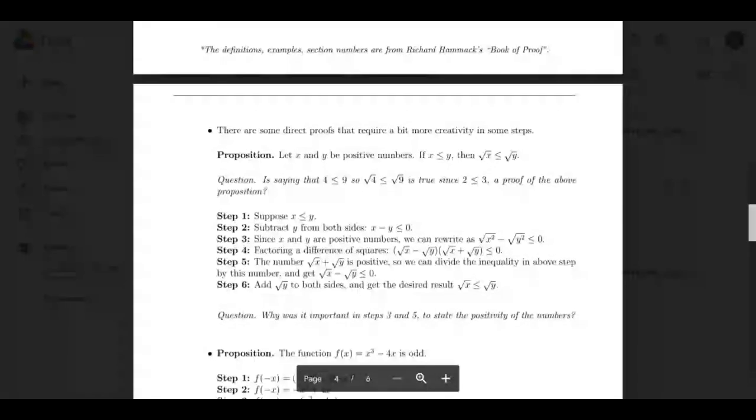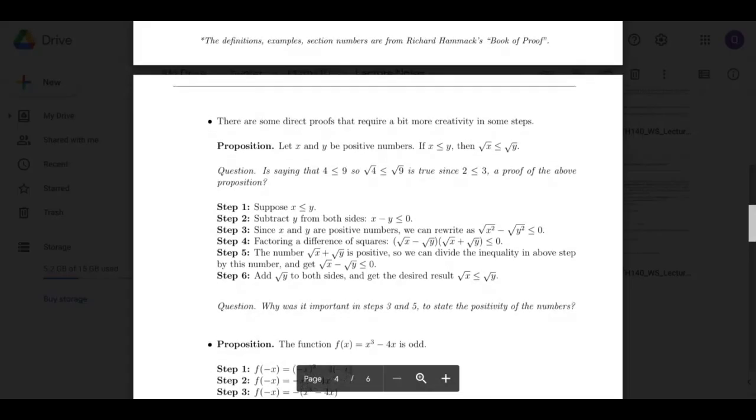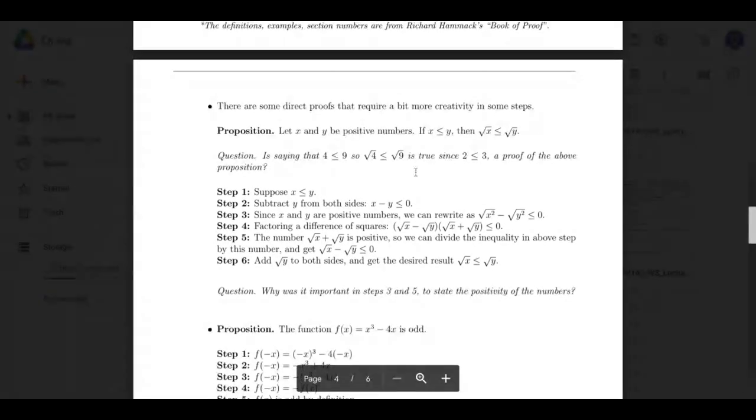Some direct proofs require a little bit more creativity in some steps. Let's see this one. Proposition: let x and y be positive numbers. If x is less than or equal to y, then the square root of x is less than or equal to the square root of y. Again, we may not use one number to prove that.